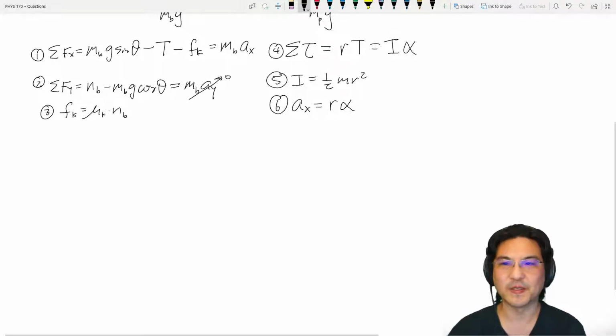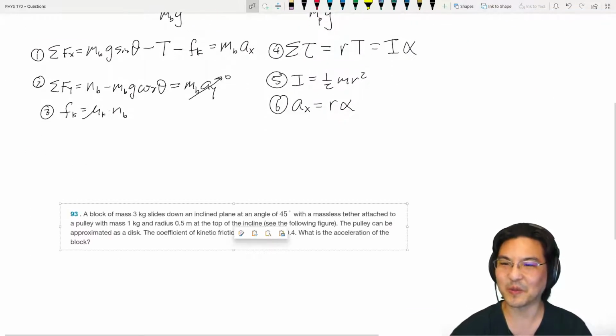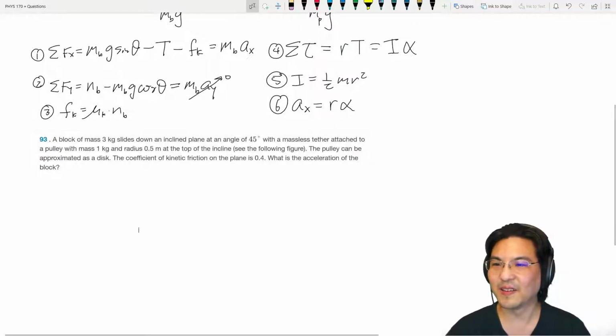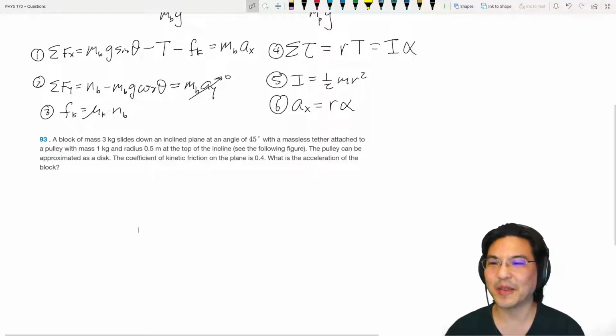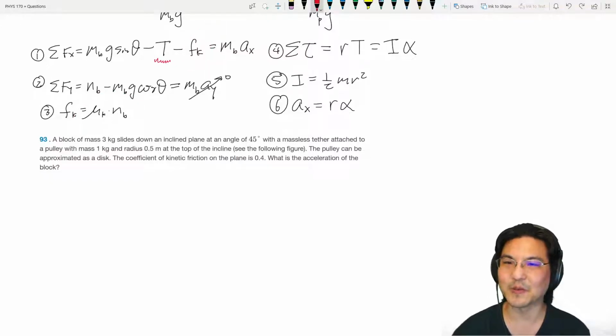Okay, let's see. Hold on. Let me grab this so I know what numbers are what. Okay, so we know the mass of the block. We know the angle. We don't know the tension in the cable. This is from here, and we know both of those values.